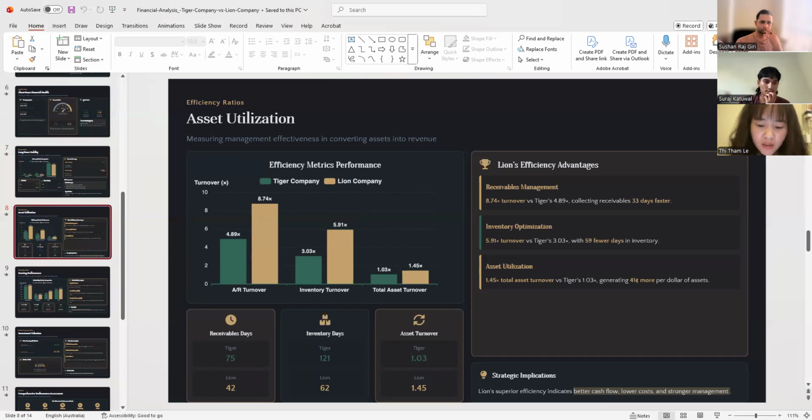Both companies have strong interest coverage ratios exceeding 7 times, meaning they can comfortably service interest payments. However, Tiger's higher leverage makes it more sensitive to interest rate increases and economic downturns.